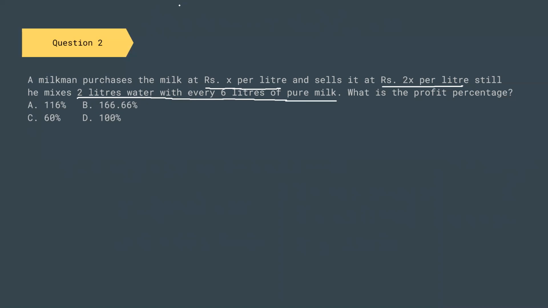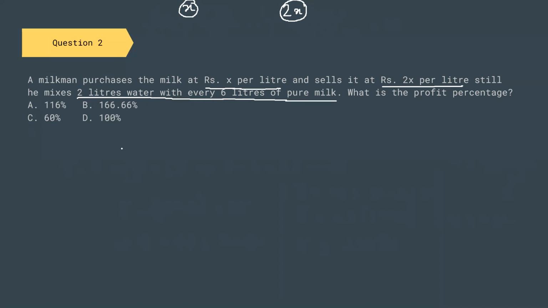There is a milkman, he is buying some liters of milk at X per liter and selling that same milk at 2x per liter. But when he is selling, he is not selling the pure milk, he is mixing some amount of water with the pure milk and then selling it. So the profit margin is going to be a little bit higher.